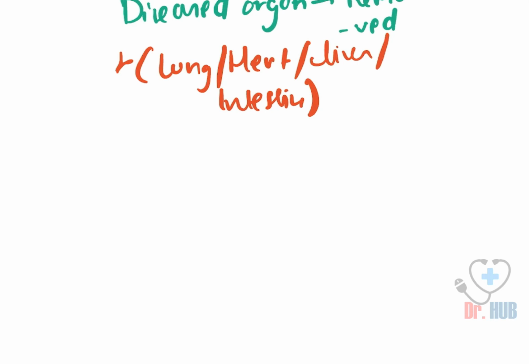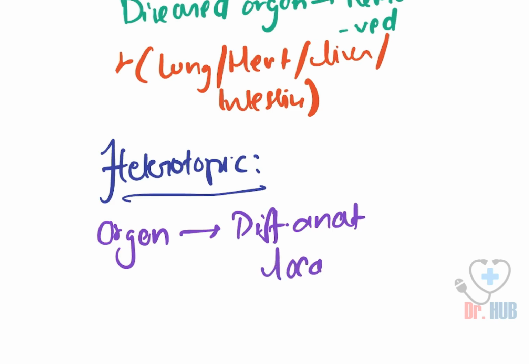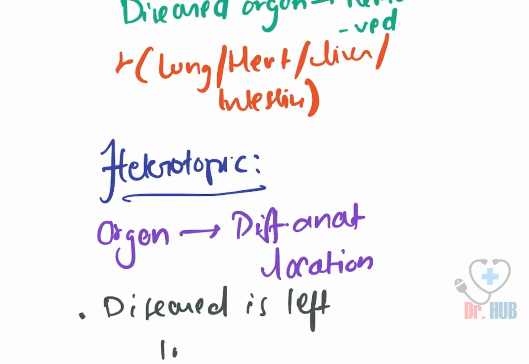Next, we move on to the heterotopic. In the case of the heterotopic, the organ is implanted in a different anatomical location, and the deceased organ is left in place.